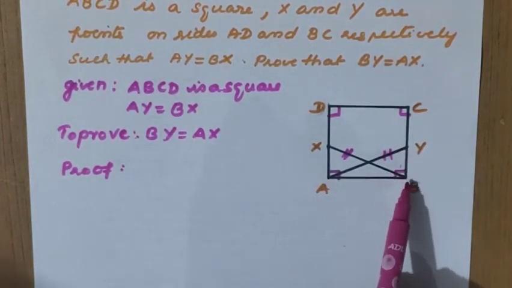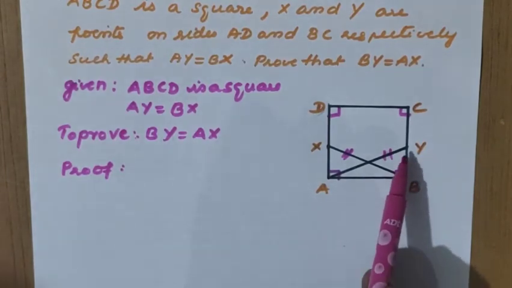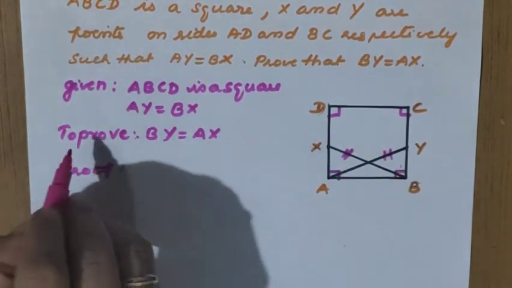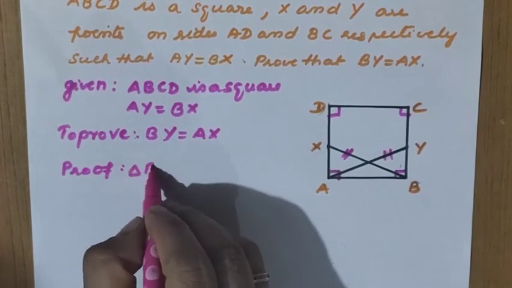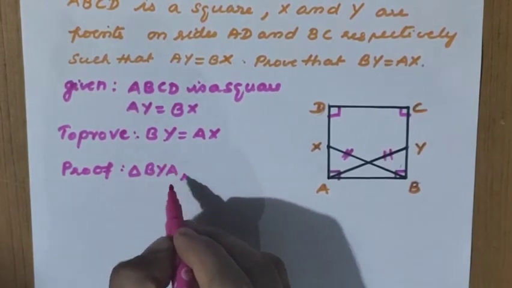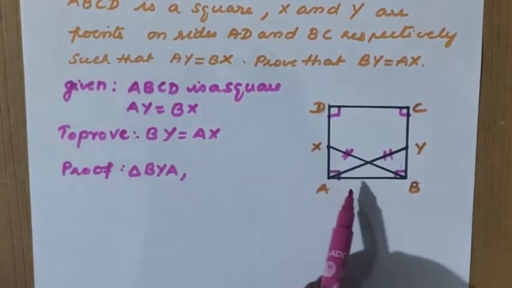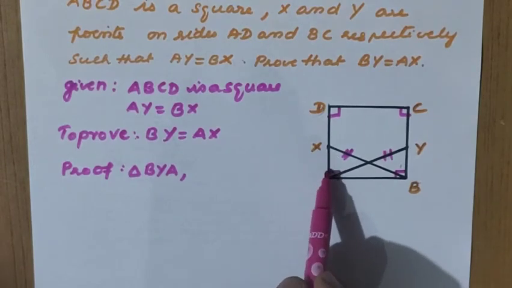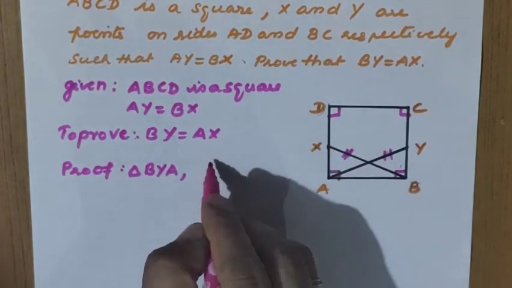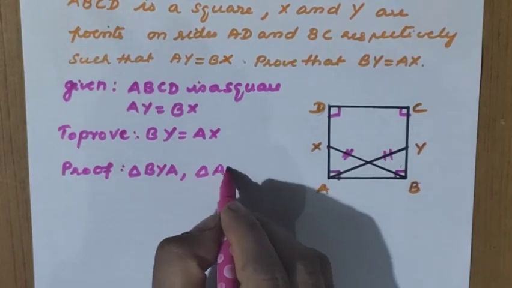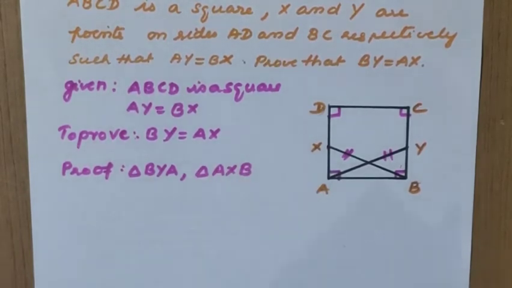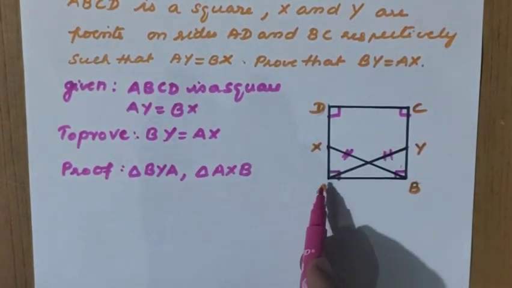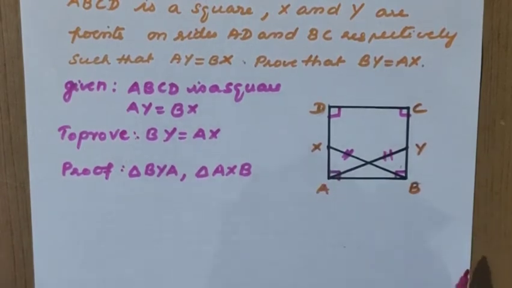BY is one of the sides, means the angle we can take as BYA. So triangle BYA. Again, what is the next side? AX. So AX be one of the sides, then the triangle name is AXB. Okay, right. BYA and AXB are the two triangles.